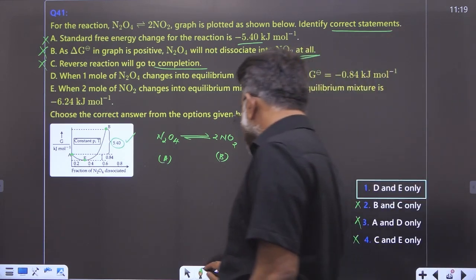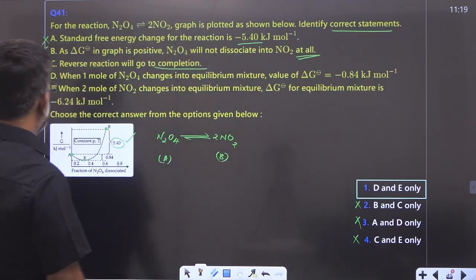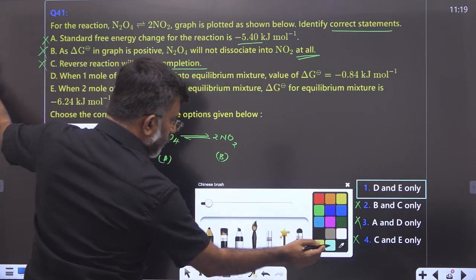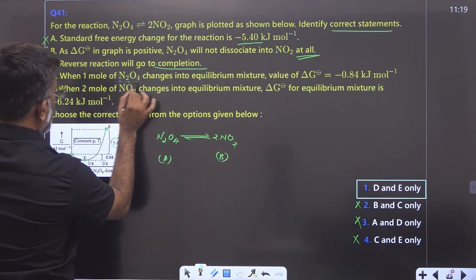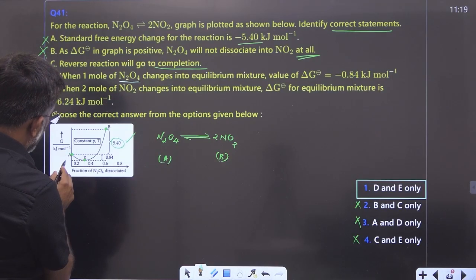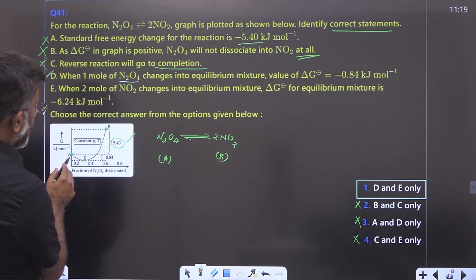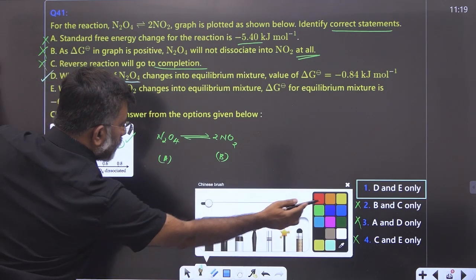Let us verify option D. Statement D: when 1 mole N2O4 changes into equilibrium mixture, delta G value is minus 0.84. N2O4 means A. When 1 mole A comes to equilibrium, delta G is minus 0.84.